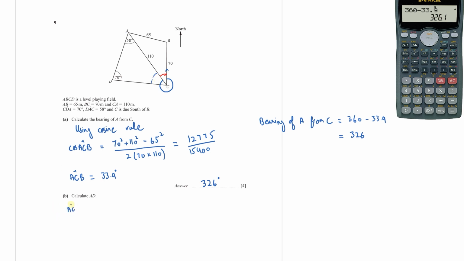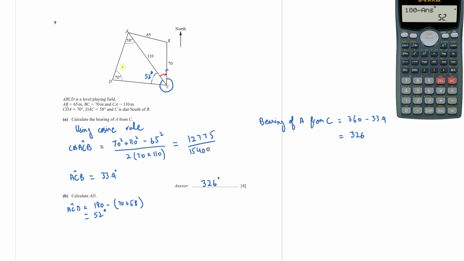Angle ACD will be 180 minus the sum of the other two, which is 70 plus 58. So 70 plus 58, and then 180 minus this. You get 52. So this angle ACD is 52 degrees.